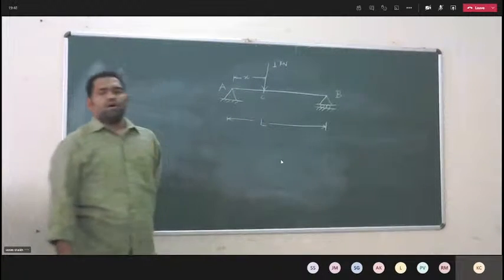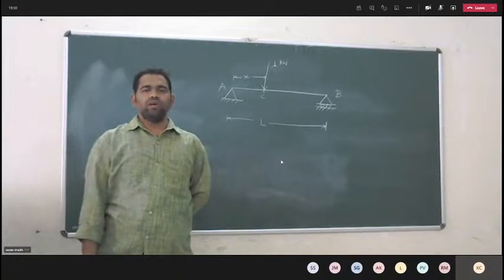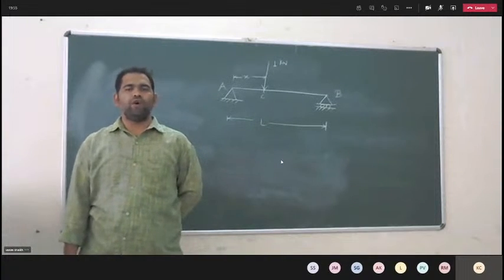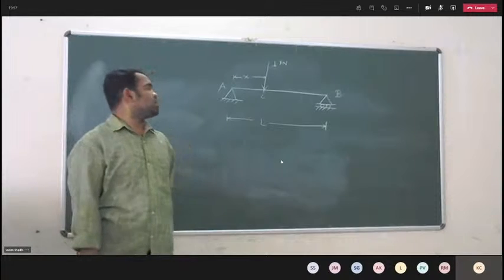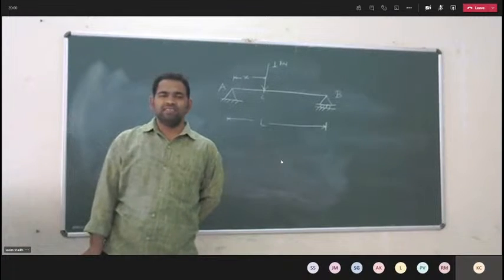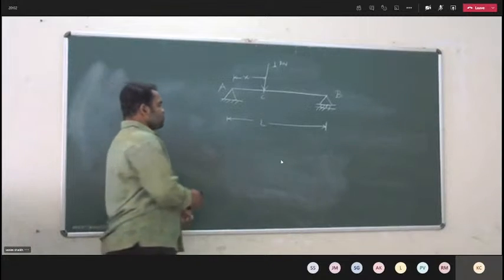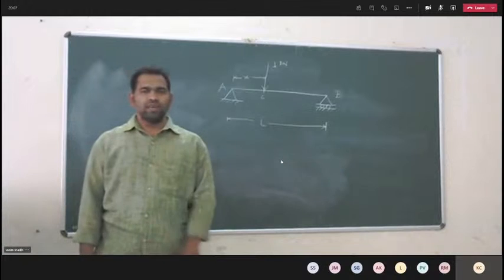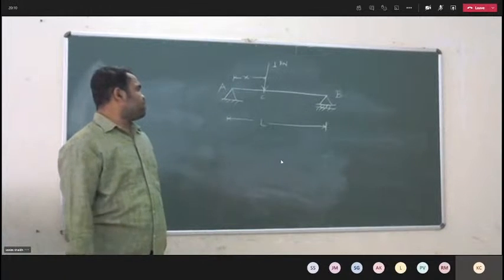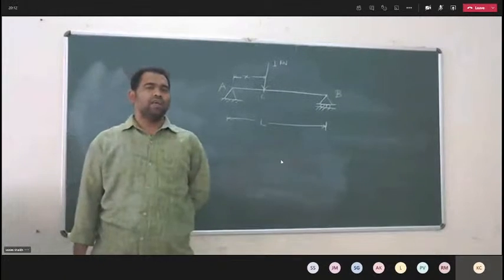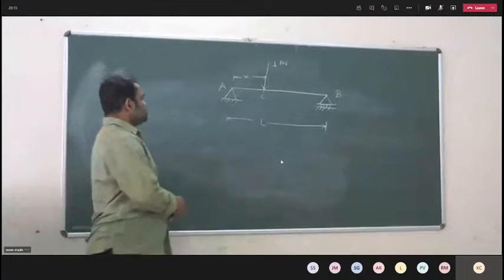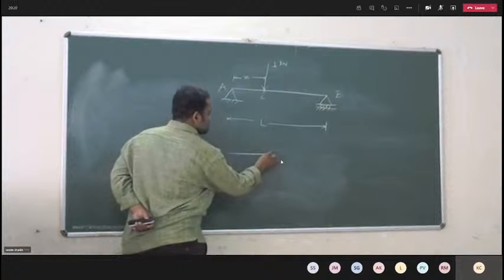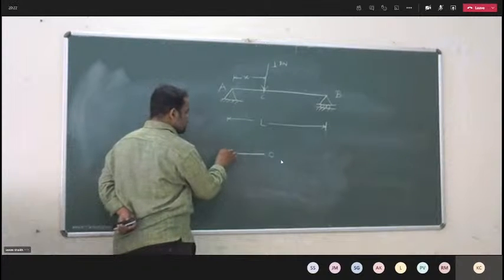Now, the next step is that we have to find out the shear force at section C. Then after that, we have to draw the ILD for shear force at the given section, that is section C. So, for calculating the shear force at C, consider the separate portions, that is AC and CB.